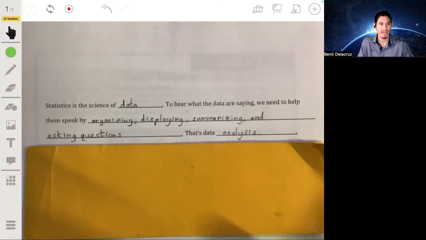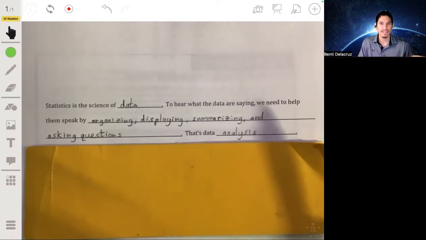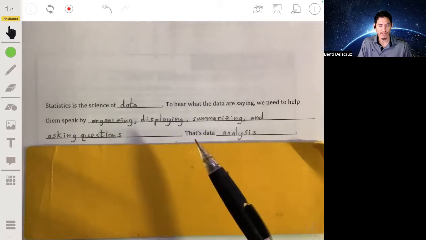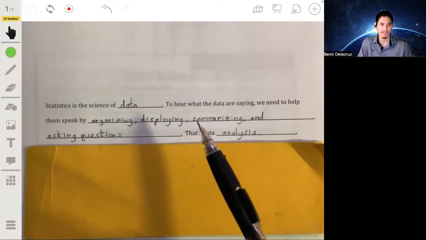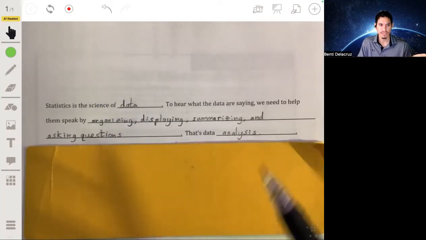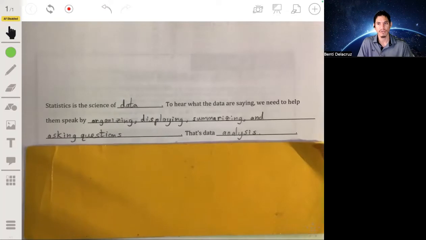It's a set of data, and we need to figure out a technique or a set of strategies that we can use to analyze the data. We have to figure out what the data is saying. And we basically are going to be organizing them using graphs, tables, all sorts of statistical strategies to be able to get a good sense of what the data is telling us.